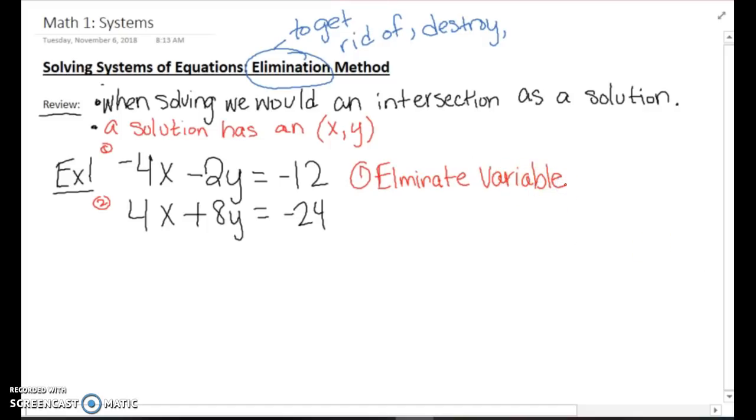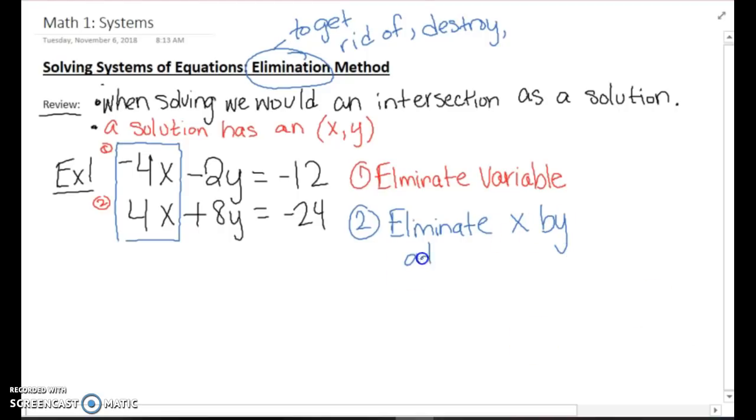In this case, we want to find two opposites. And if you look at this, we have 4x and negative 4x. If I add those two together, it eliminates. So we are going to eliminate x by adding the two equations.